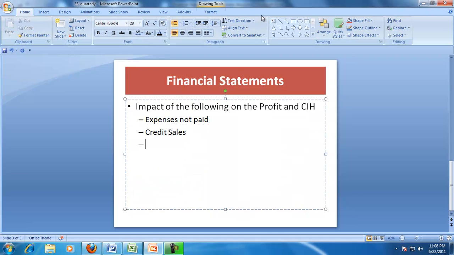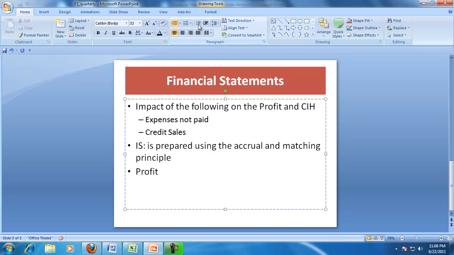So we can write down here that the income statement is prepared using the accrual and matching principle. Therefore the profit is not dependent on actual receipts and payments.